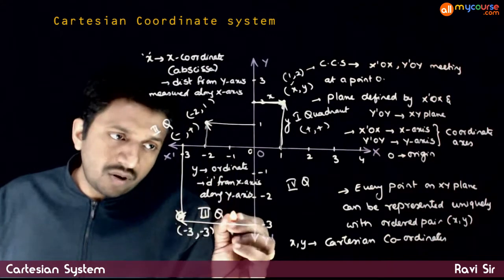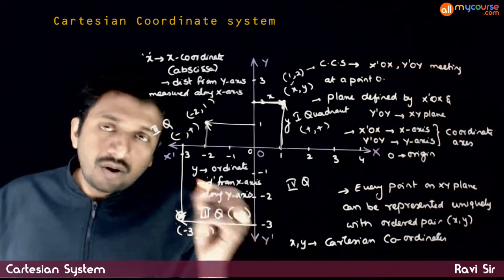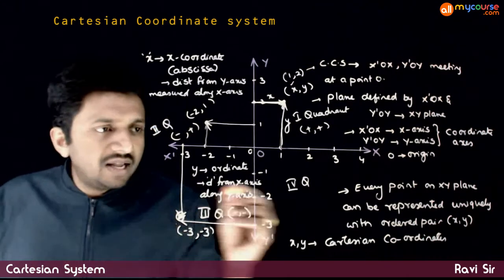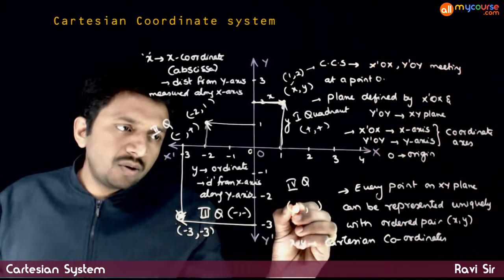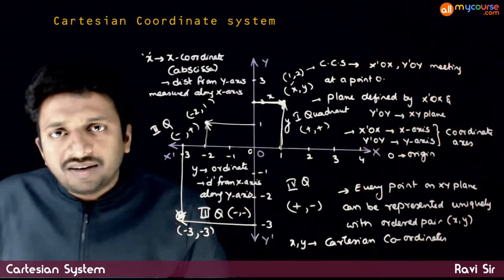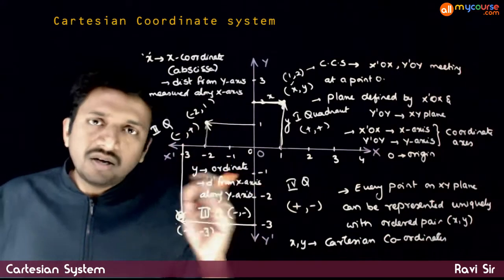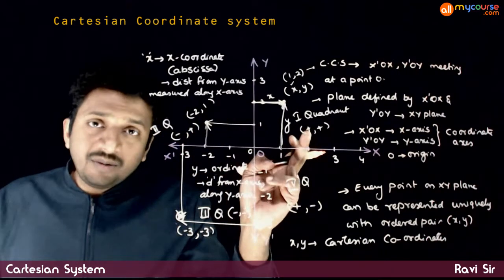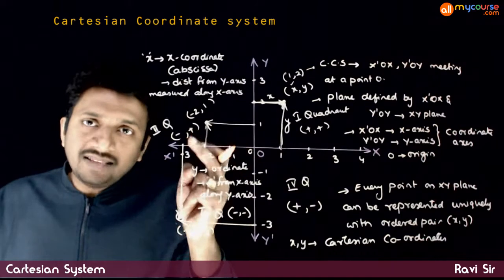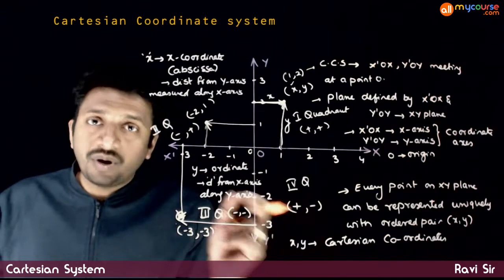In the third quadrant, the coordinates are both negative. And in the fourth quadrant, the x coordinate is positive and the y coordinate is negative. So these are called the 4 quadrants, and depending on the quadrant, the signs of the coordinates of the point change.